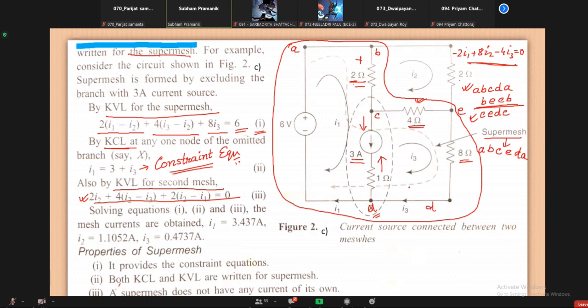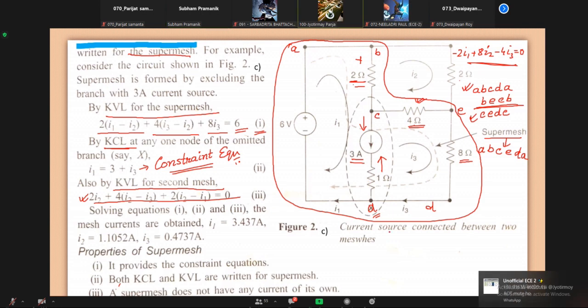So there must be a relationship between I1, I3 and this 3 ampere. What do you think that relation is? I1 is flowing downwards, I3 is flowing upwards, but the net current, 3 ampere, is shown flowing downward. So definitely I1 is greater than I3. So I1 minus I3 equals 3 ampere. Is that understood?